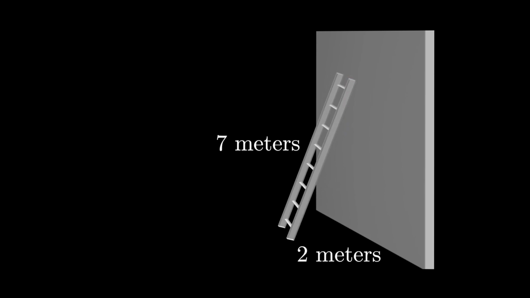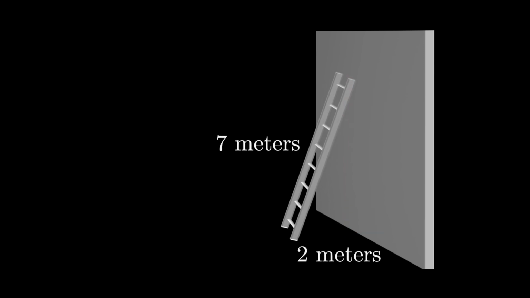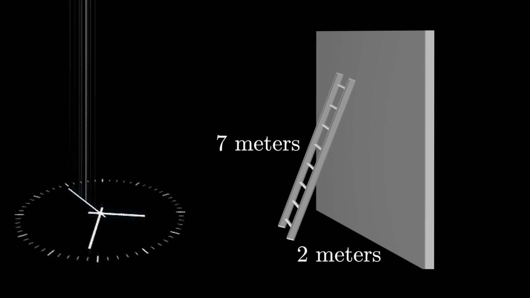Of course, we can simply work out the Pythagorean theorem here and get the length of this leg. But remember, the problem specified that each second, the length of the base decreases by 1.5. So now, it seems like we have two variables that affect the length of this leg: the time and the length of this base.